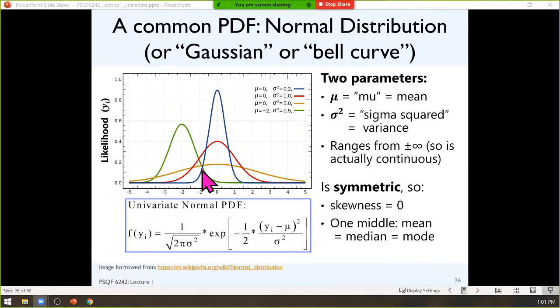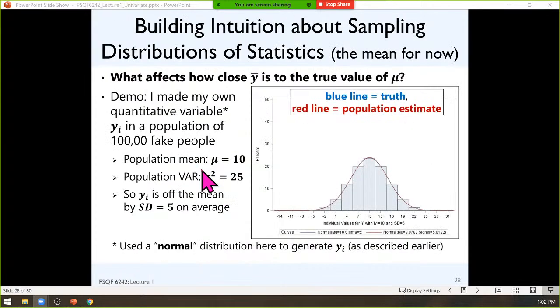This normal distribution has two parameters, meaning the version of it in the population that I need to know. It has a mean and it has a variance. In this fake variable, I set the mean to be 10, and I told it to make the variable such that the variance was 25. And this is a histogram that shows the distribution of this variable across my 100,000 fake people.